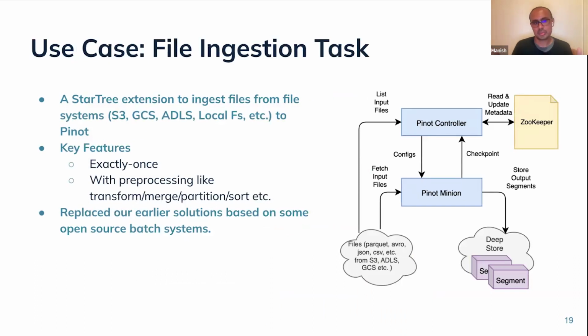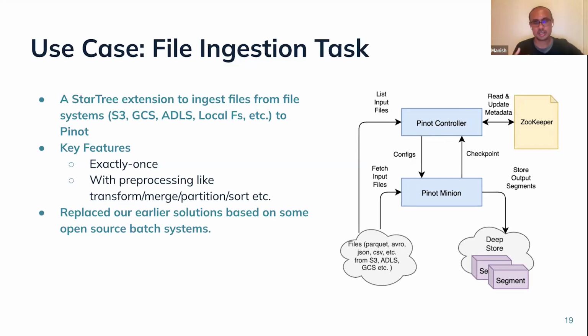If you take the example of batch ingestion, you have the data across various file systems. It can be S3, GCS, ADLS, and so on. So we built this file ingestion task so that we're able to ingest files from these sources, which can be in so many different formats.